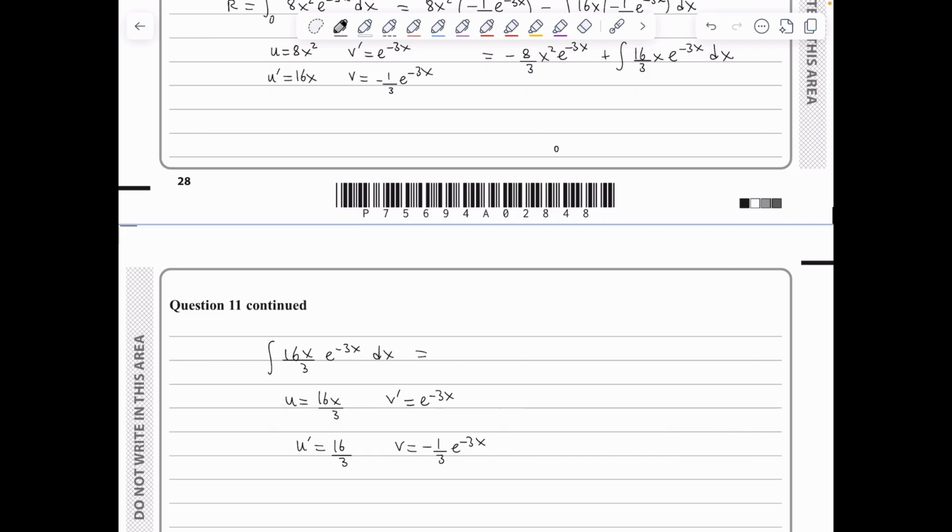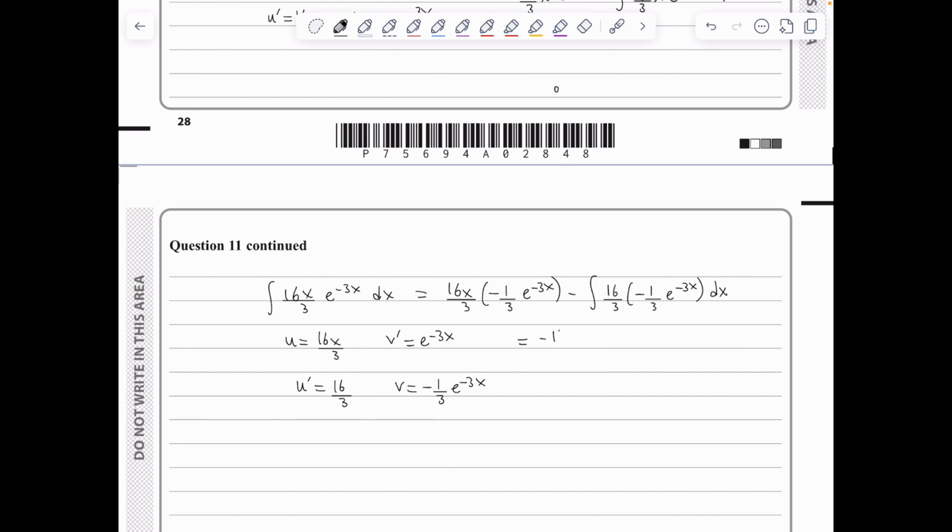So this integral here is going to be 16x/3 times minus a third e to the minus 3x minus the integral of 16/3 times minus a third e to the minus 3x dx. So this simplifies to minus 16x/9 e to the minus 3x. And now this minus with this minus will give me a positive. So we're looking at plus the integral of 16/9 e to the minus 3x dx.